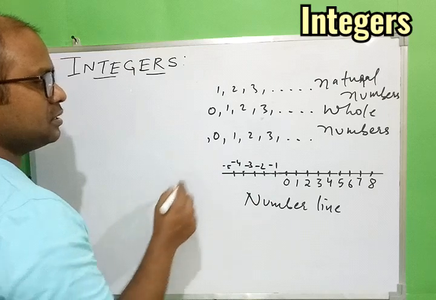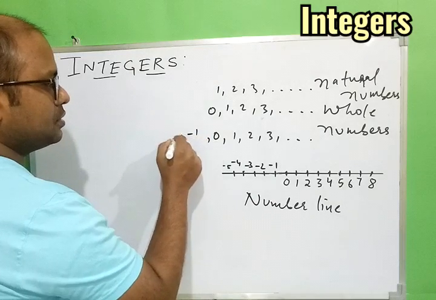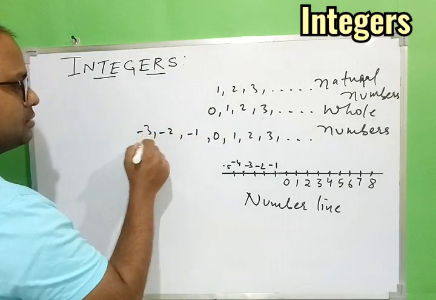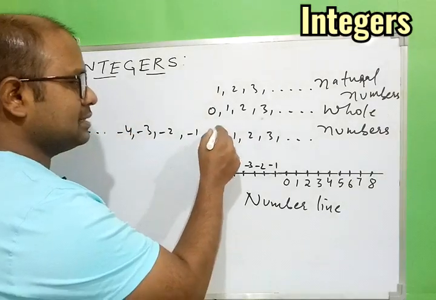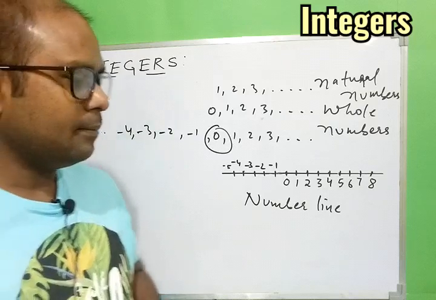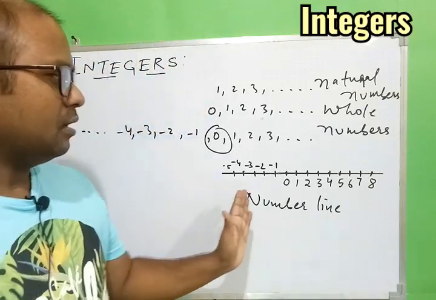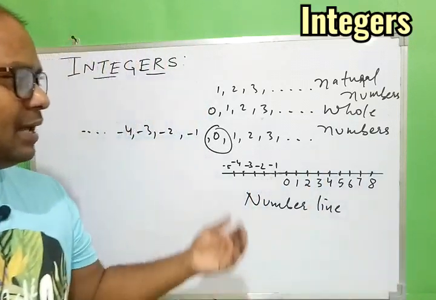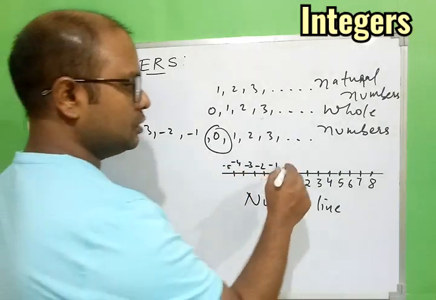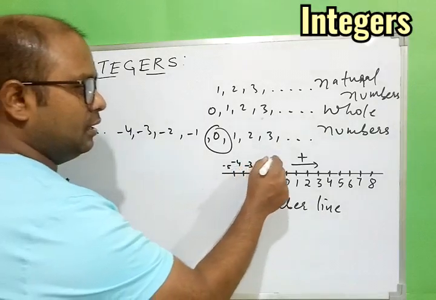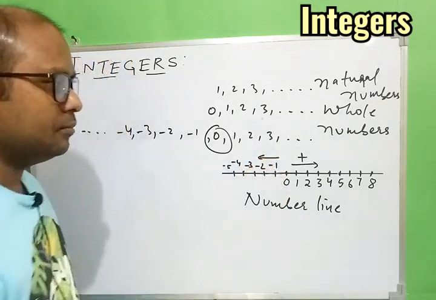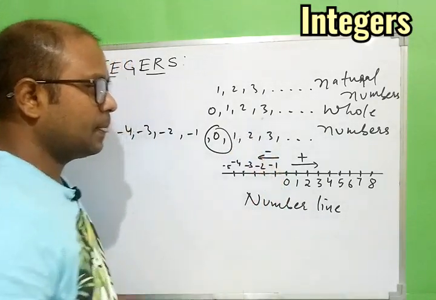And now before this, if you go on adding the negative numbers, -2, -3, -4 and so on, such that 0 is in the middle, that is the center. 1, 2, 3 onwards we have positive numbers, no doubt. So this side, 0 onwards, we have positive numbers. Left of this 0 we have the negative numbers.